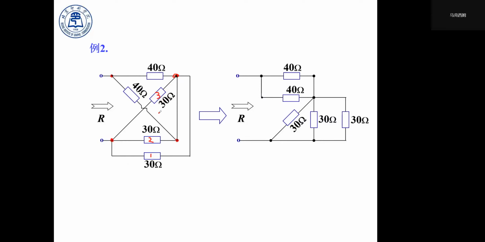And since point A and point B are connected by a wire, point A is point B, because there's nothing between them.